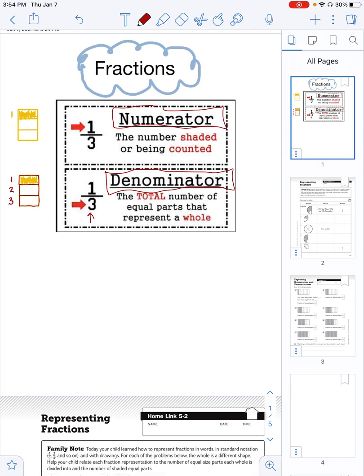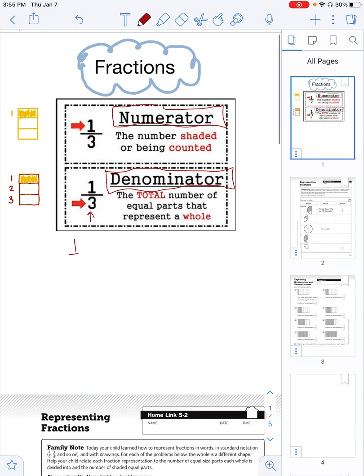You can also say a fraction in words. So this fraction right here that we just made is 1/3. So you can write that out in words and put one third. I noticed some of you did words on your work from yesterday rather than numbers, and it was correct.